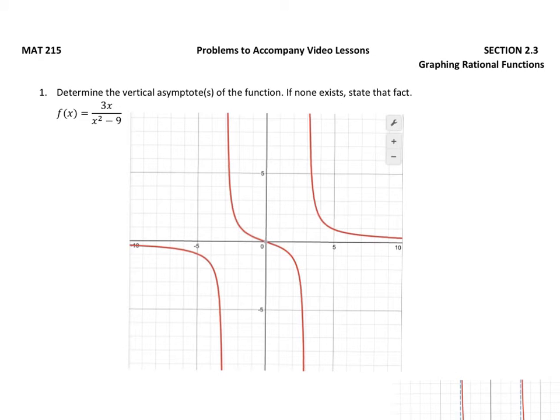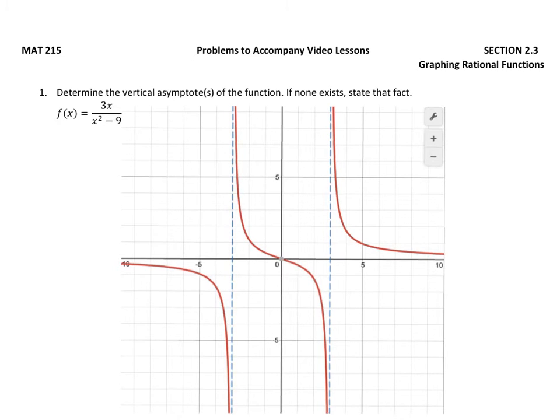If we look at x equal to negative 3, we also have a vertical asymptote, because as we approach that x value from the left-hand side, our function is approaching negative infinity. Same thing is happening as we approach x equal to 3 from the right. Our function is approaching positive infinity.